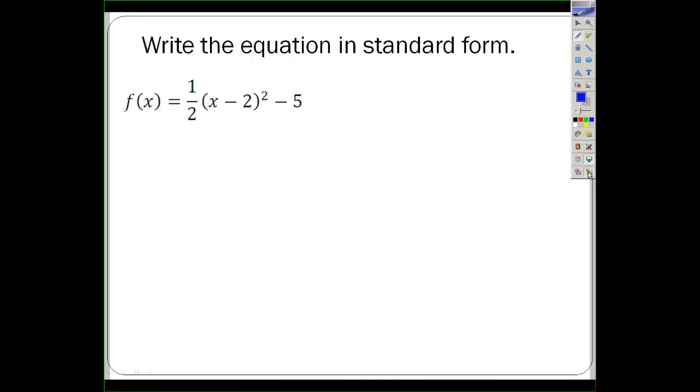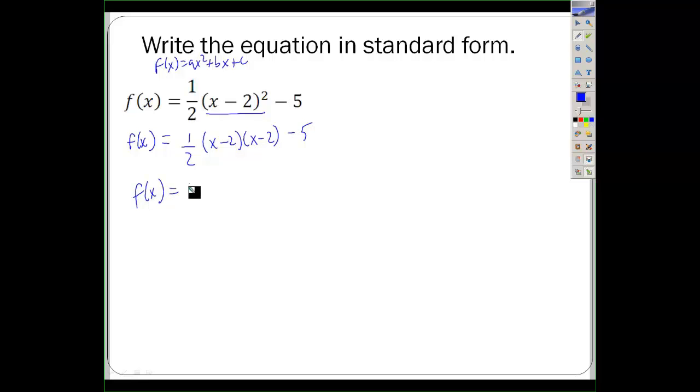All right, so let's do one with a fraction here, and it says f of x this time. That's just function notation, nothing really changes. Okay, I'm going to keep it f of x over here. I just need to make this into f of x equals ax squared plus bx plus c. And so what I'm going to do is rewrite it how I know it should be. This is actually two terms. Okay, and what I'm going to do is just FOIL it first.